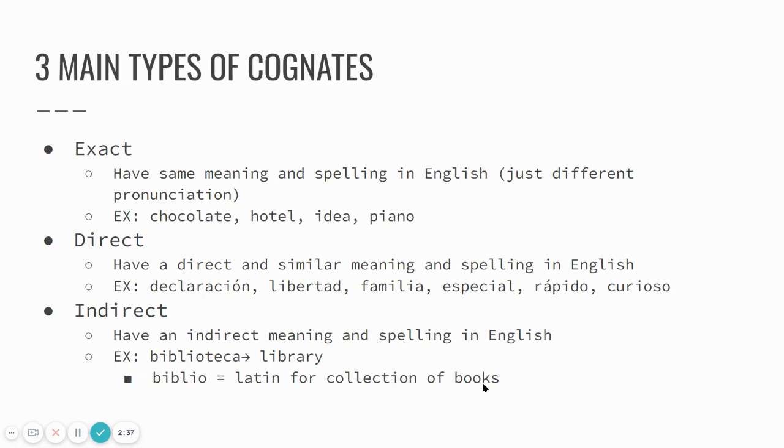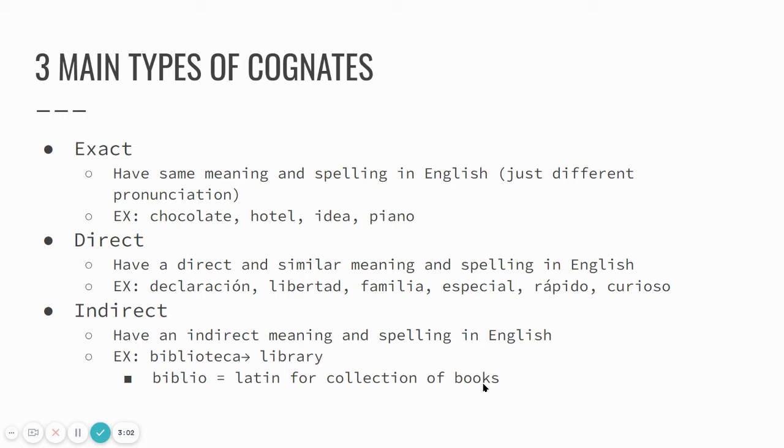Then we have our indirect cognates. Usually it takes a couple more steps to get to the place, if that makes sense. You're like, this looks like something in English, and it sounds like something in English, and it's pretty close. Or it looks like something in Spanish, sounds like something in Spanish, and it's pretty close.